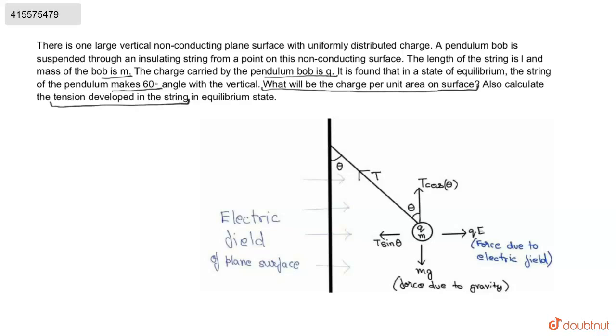Okay, so we have been given theta equals 60 degrees, that is the angle made by the string in equilibrium with the wall, and we will assume sigma equals the charge density.